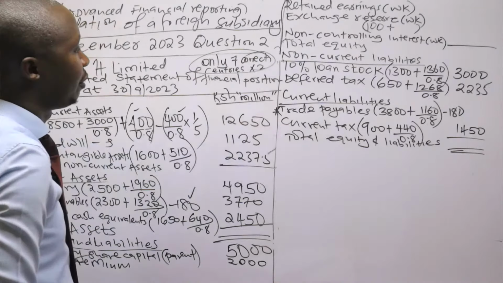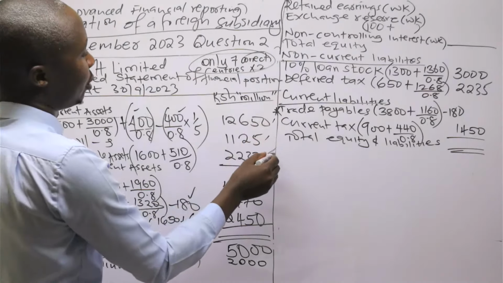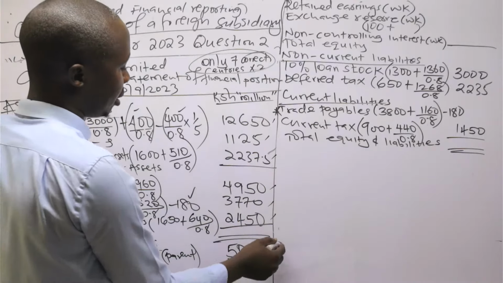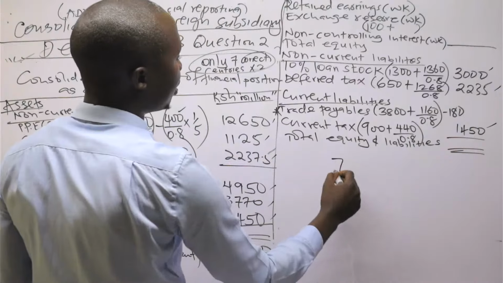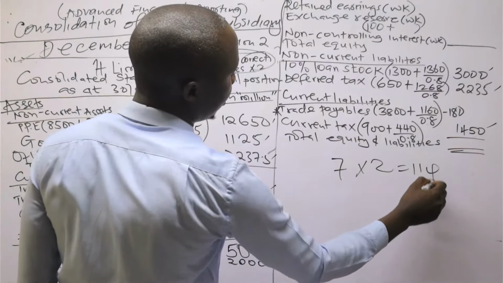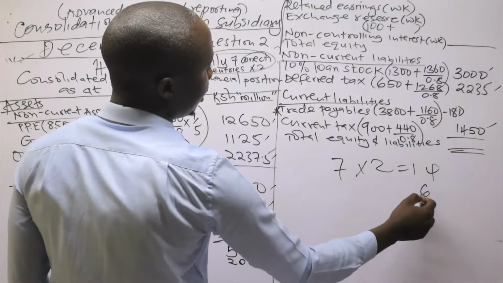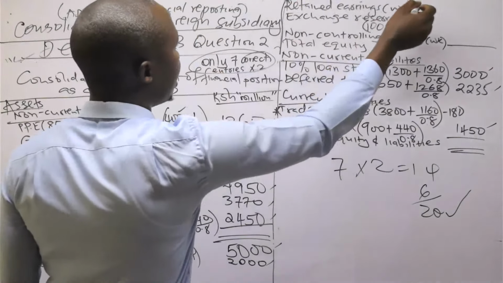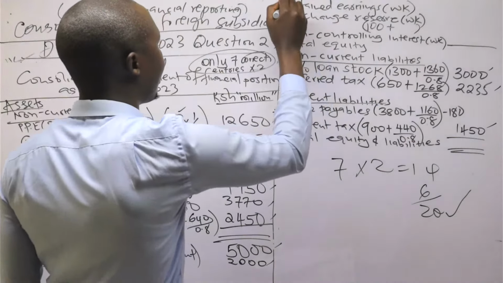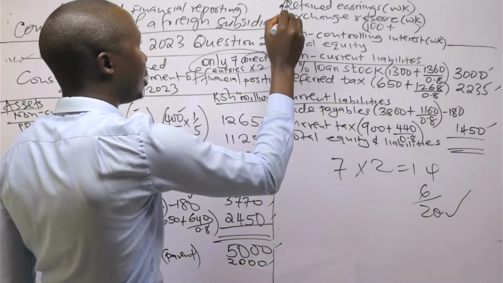Let's check. Are we having more than 7? 1, 2, 3, 4, 5, 6, 7, 8, 9, 10, 11. We have 11. So they were looking for 7 correct. You get 14 marks, plus your 6. You have your 20 within the minute.